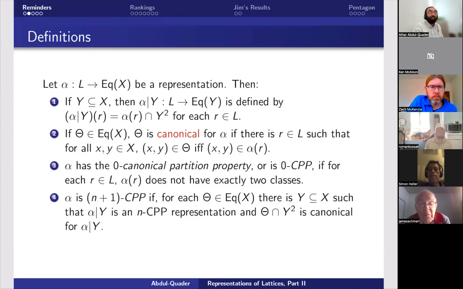And then to go from having an n-CPP representation for every n to saying we have an elementary extension that realizes this lattice, it uses overspill, right? And then uses overspill to build a cofinal extension at that point.